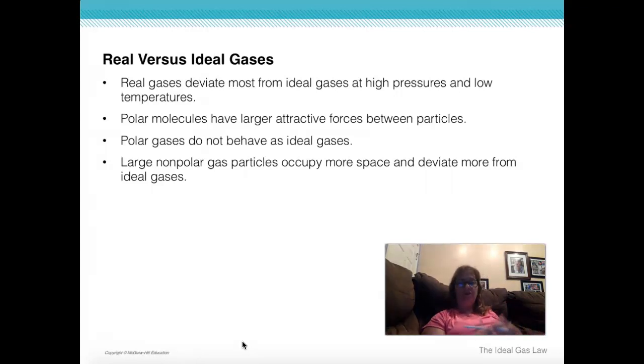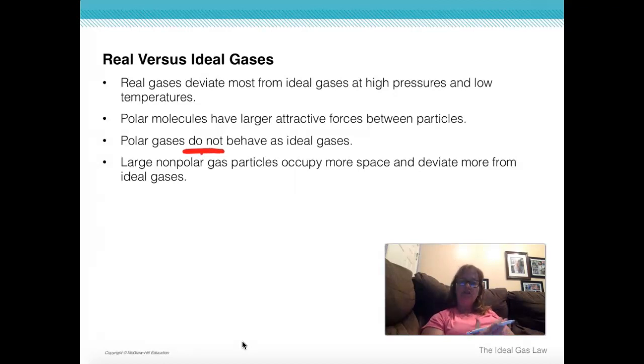Polar molecules are going to attract and repel one another because they've got those charged areas of them. So there is going to be some interaction between them. Therefore, polar gases do not behave like ideal gases.